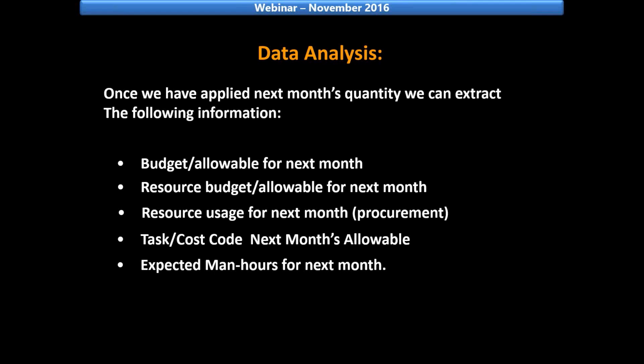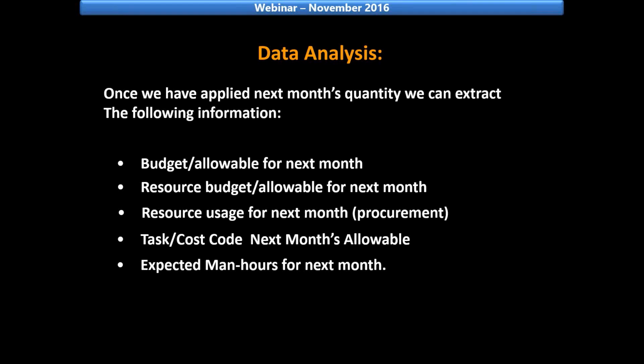So for our data analysis, once we've either manually entered our next month quantities or used our bill with quantity forecast to update them for us, we can go and extract the following information. We can either view the budget or allowable for the next month, which we just added a column to our existing valuation document. We can go and view our resource, budget allowable for next month.